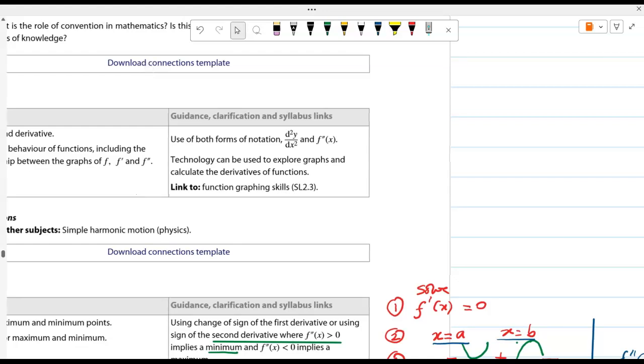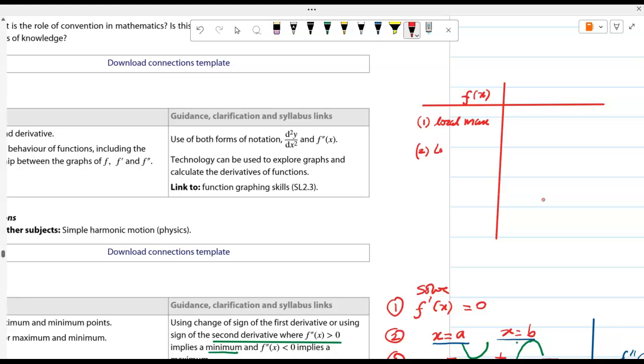Now, what you need to do is when you see a graph of f(x), you make a table like this. You first look at the graph of f(x), mark the local maximum, mark the local minimum, mark the point of inflection, mark the horizontal point of inflection.